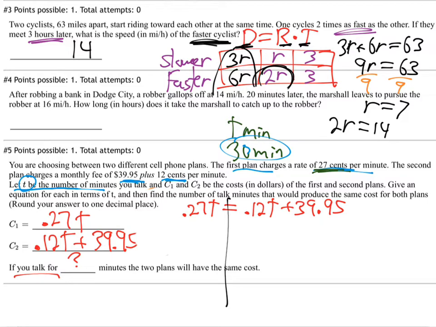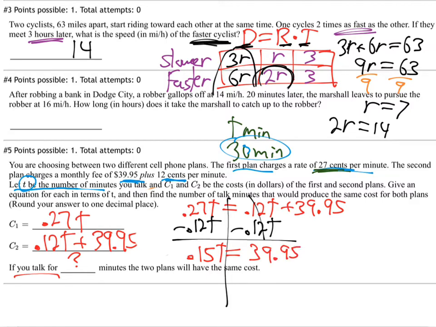Same thing as when we have x on both sides: get rid of the lower one. So subtract 0.12t from both sides. That leaves 0.15t equals 39.95. Last step to get t alone, divide by 0.15.